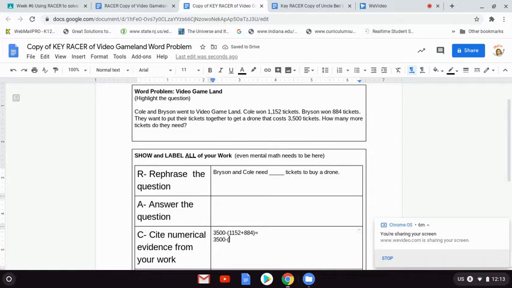So 1,152 plus 884 would give us 2,036 tickets. Then we're going to subtract 2,036 from 3,500. And the answer is 1,464. So Bryson and Cole need 1,464 tickets to get their drone.